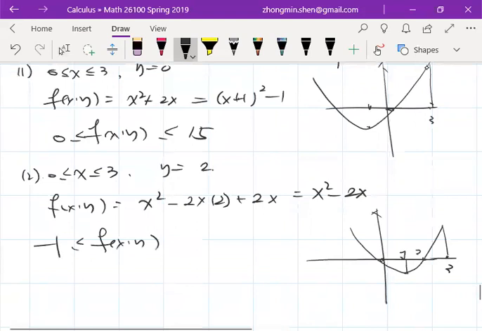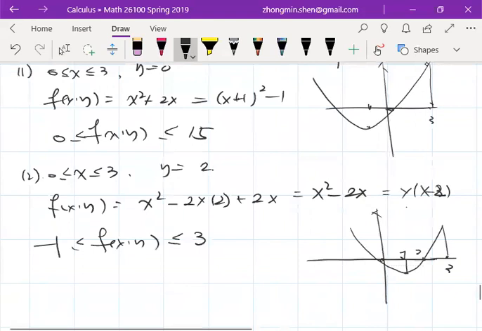When x equals 3, so that will be, when x equals 1. When x equals 2? Okay. When x equals 1, I get a negative 1. When x equals 3, I get 3.